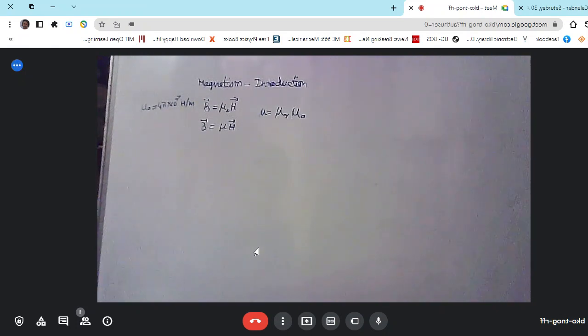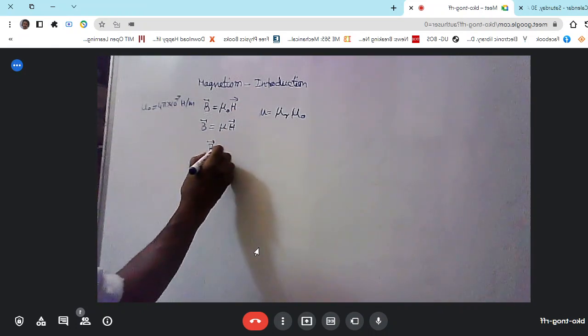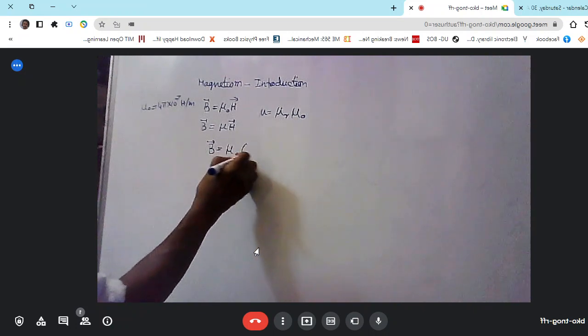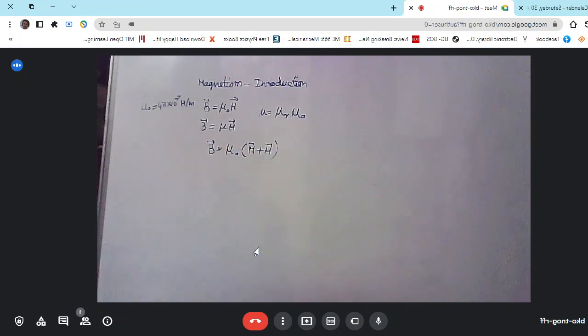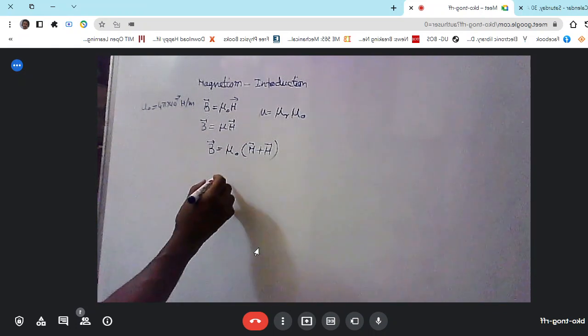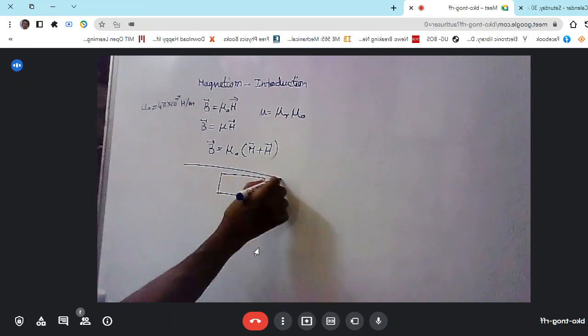Now we may relate this B and H by some relation. B equals mu naught into M plus H. What is the meaning of this line? Say I have one magnetic material and I have a magnetic field.